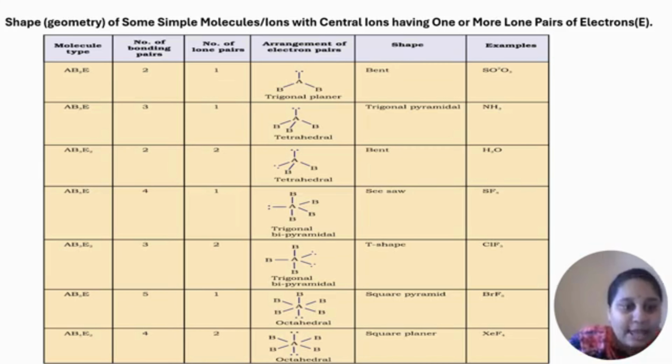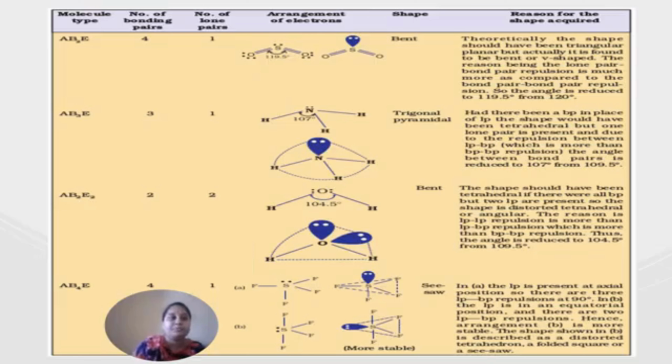The next is AB4E2. The number of bonding pairs is 4 and the number of lone pairs is 2, octahedral, square planar, with the example XeF4. So this is the molecule type, and the reason why it is given as that shape is explained here.